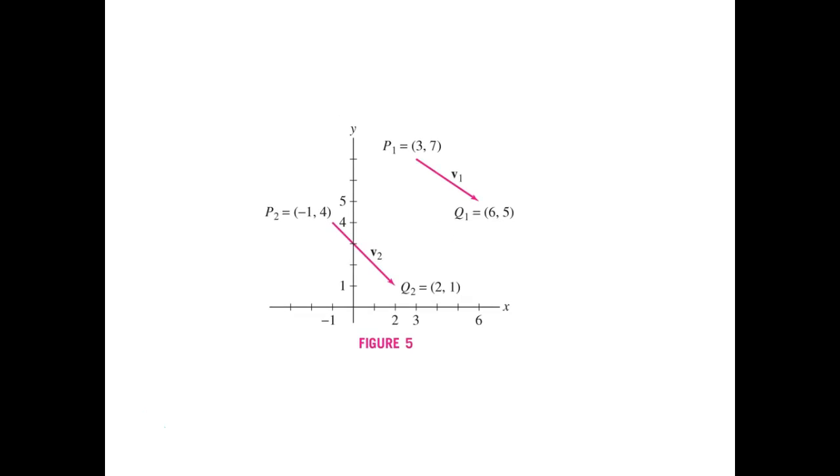Determine whether V1, this is vector V1, this one right here, and vector V2, that's this one down here, and this is P1, Q1, this one's P2, Q2, are equivalent vectors, where P1 up here is 3, 7, Q1 is 6, 5, P2 is -1, 4, and Q2 is 2, 1. How can you tell whether those are equivalent vectors?